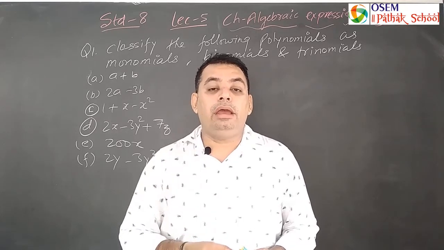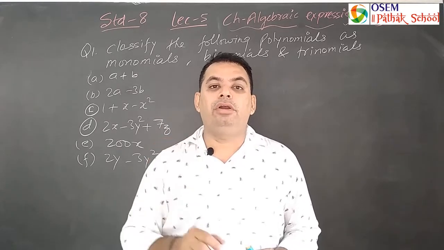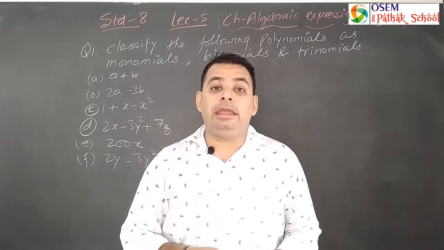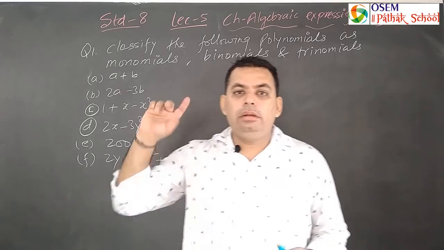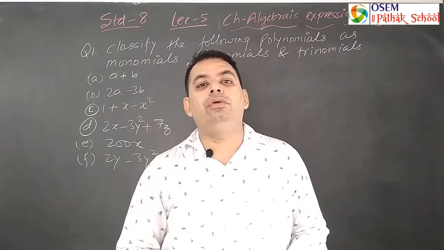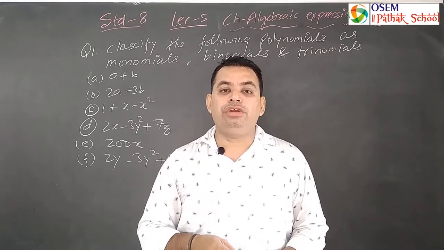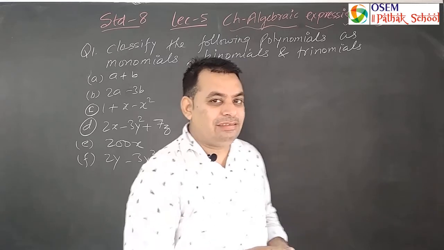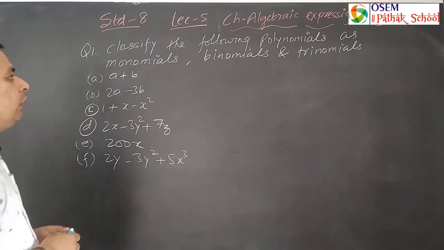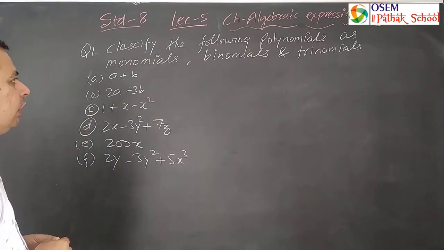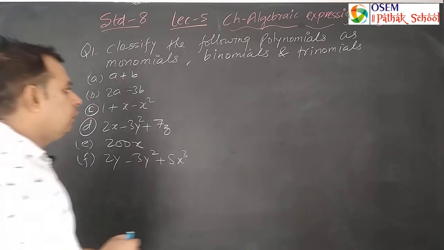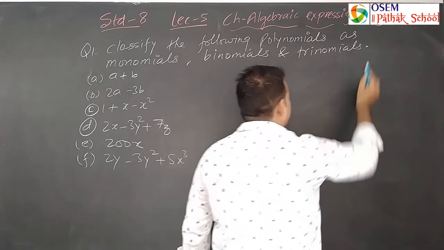And a polynomial having a degree of 4, a power of 4, can be known as biquadratic polynomial. But right now we are going to study monomial, binomial and trinomial. A question has been given to you: classify the following polynomials as monomial, binomial and trinomial.